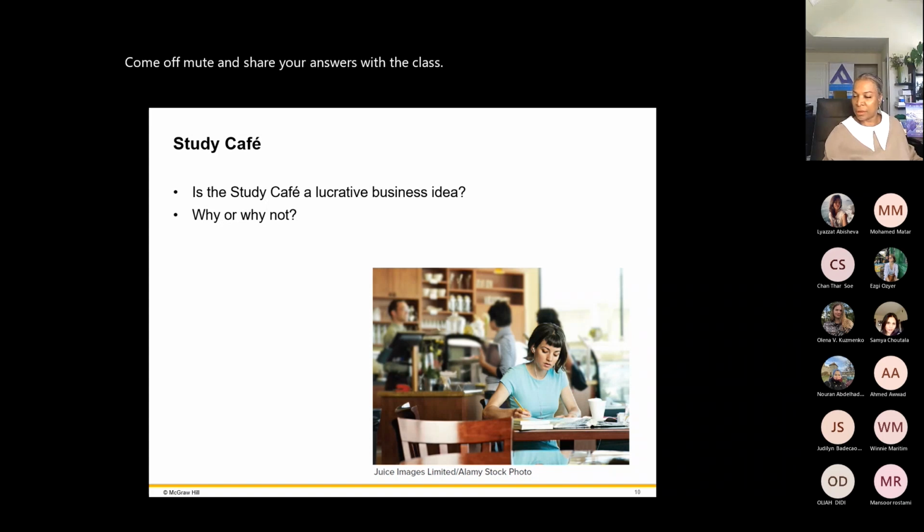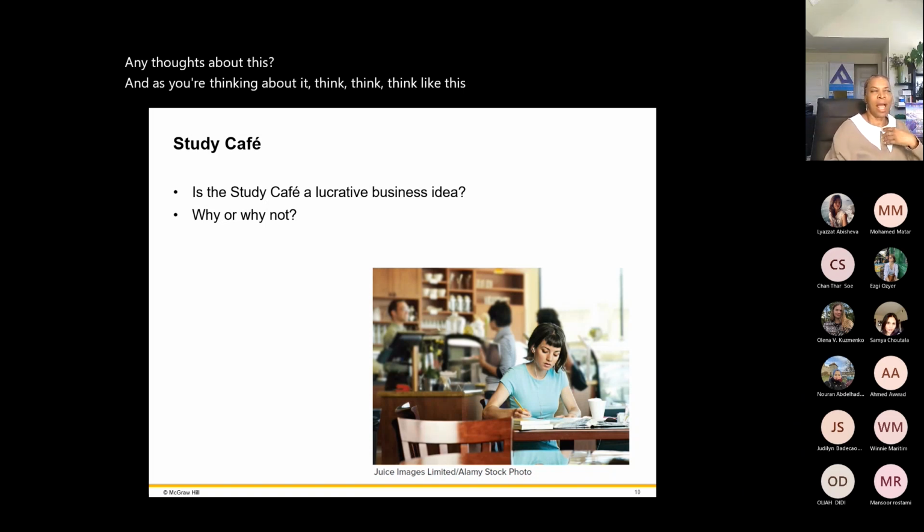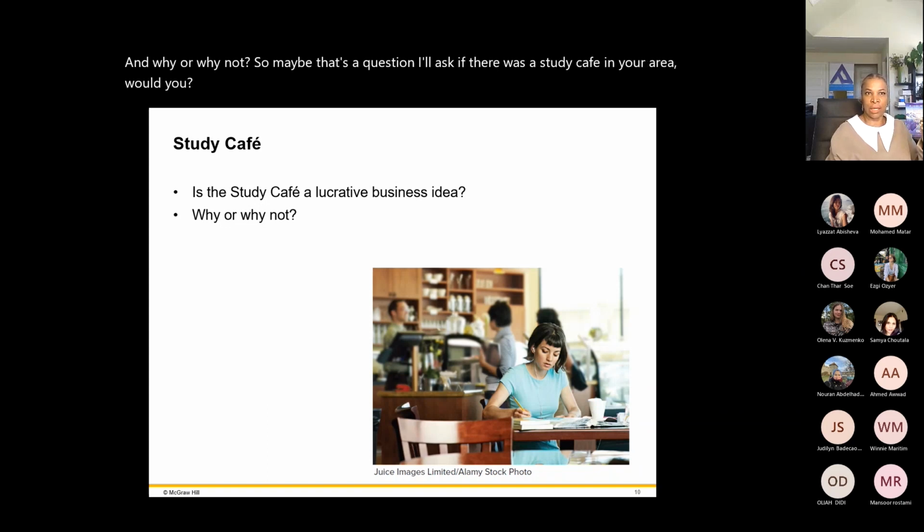Any thoughts about this? And as you're thinking about it, think like this. Would I go to a study cafe? And why or why not? So maybe that's a question I'll ask you. If there was a study cafe in your area, would you go to it to study? Yes or no?